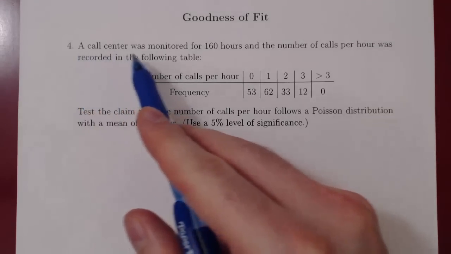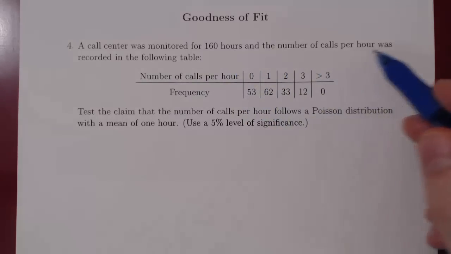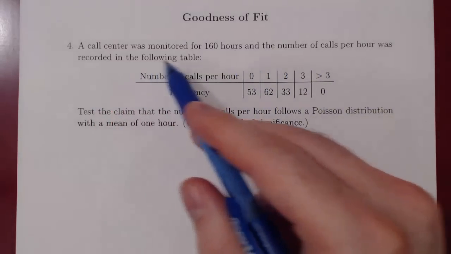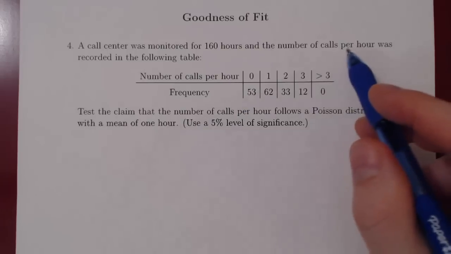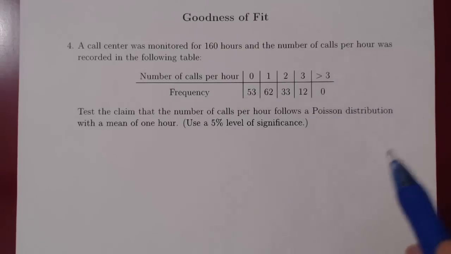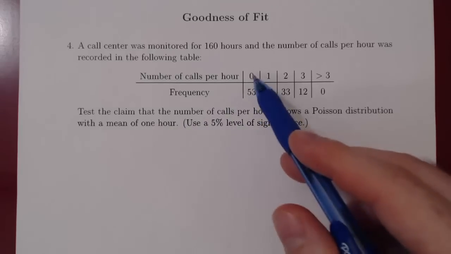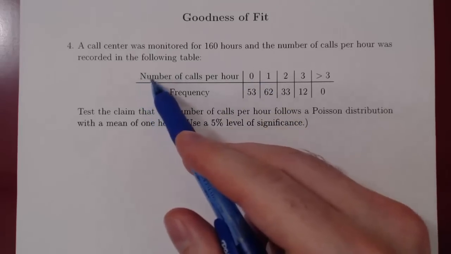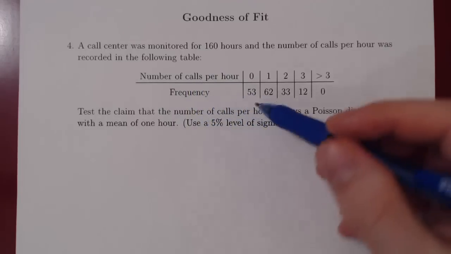So we have a call center that was monitored for 160 hours, and the number of calls per hour was recorded in the following table. You see our random variable here is, over a fixed time interval of 1 hour, how many calls were received at this call center. So we have a random variable, the number of calls received per hour, and then we have our bins.